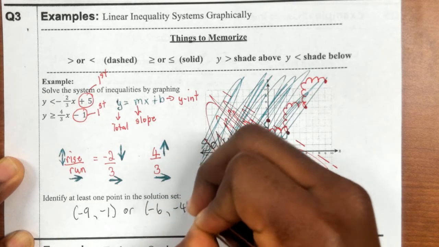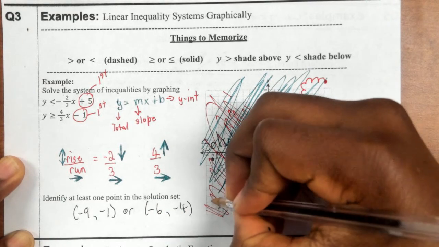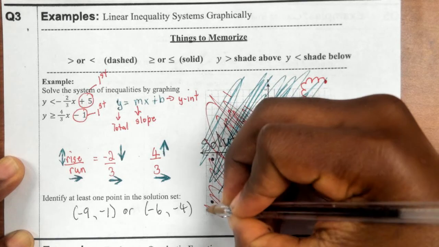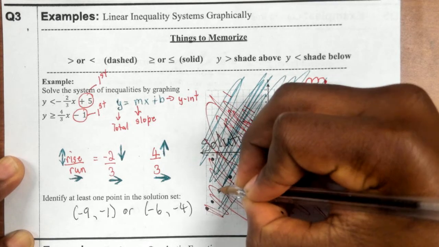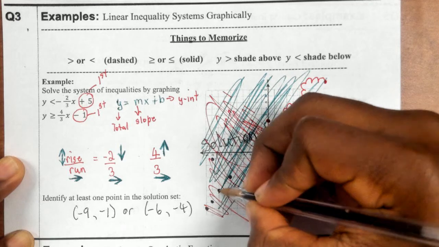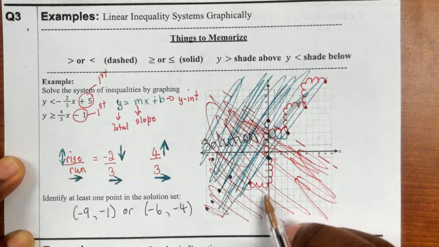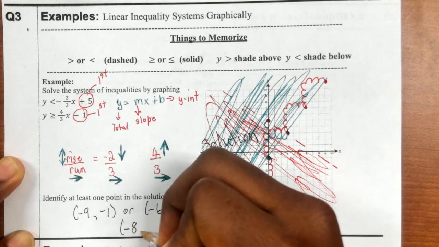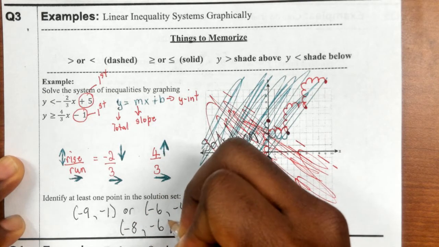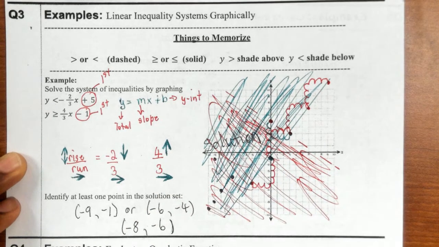Or another solution could be right down here, or here, and let's use that last one, which was -9, -8. Any of those could be a solution. You only need to figure out one.